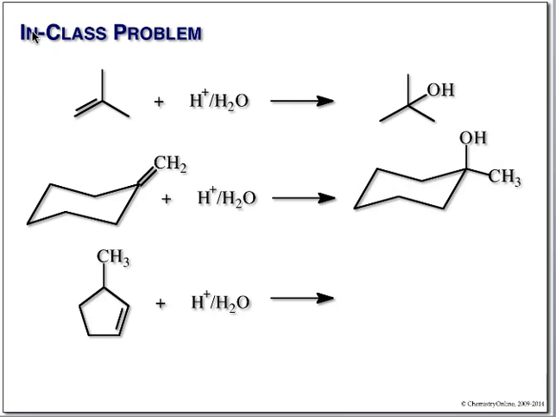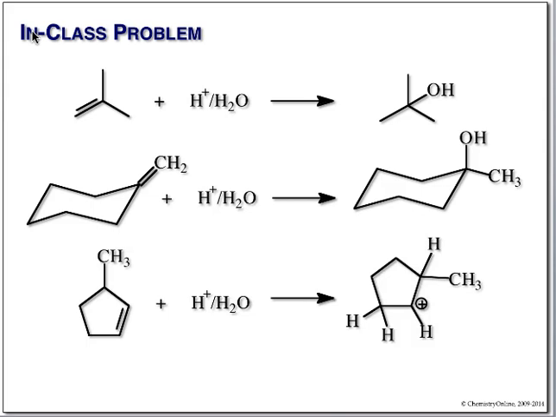And our last one here, we have a cyclopentene. Now, each of these are secondary carbons, right? But our most stable carbocation is going to be at our tertiary center. So just like with the addition of HBr, initially we would form this carbocation.